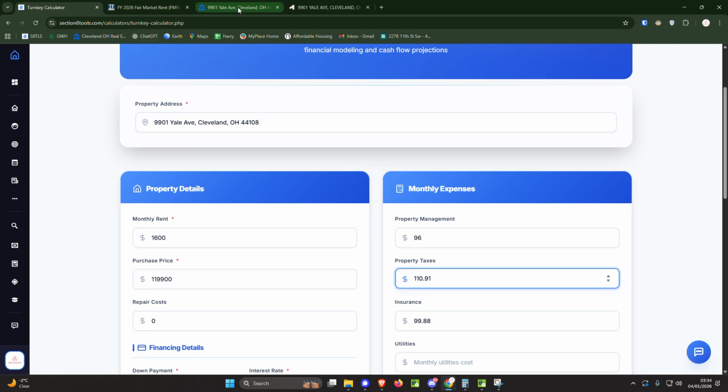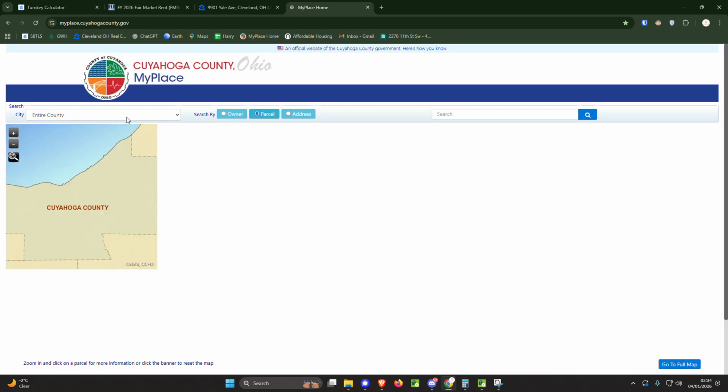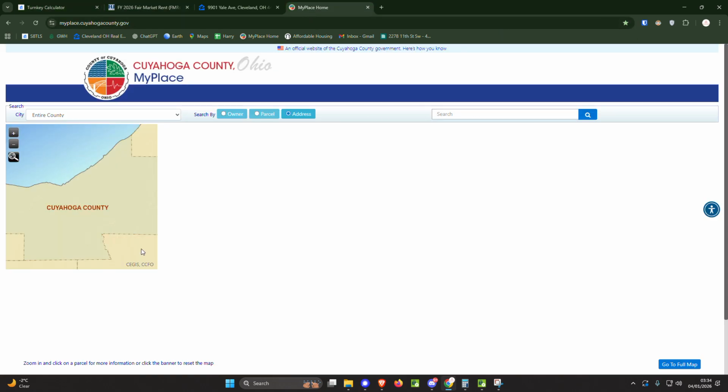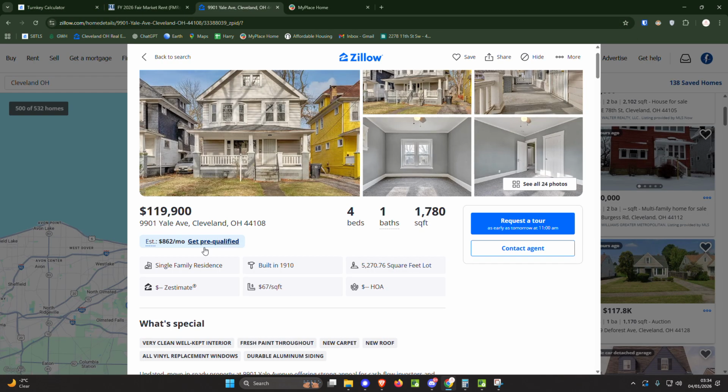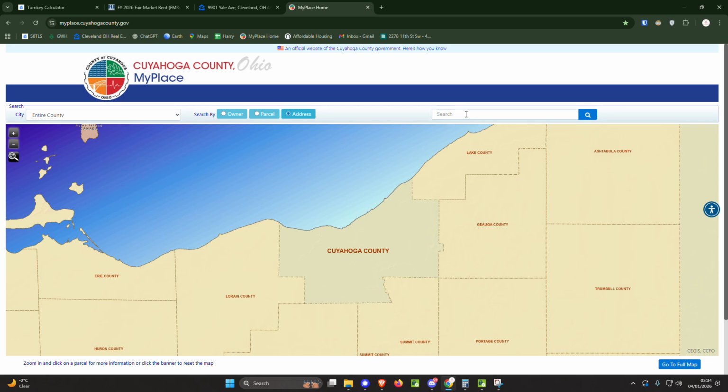Property taxes, once again, you can find it directly on the county website. So if we go right here is the county website. You would put the address in and you can find all the details on the property. For example, commonly square footage is incorrect, so you can copy the address and you can click address.